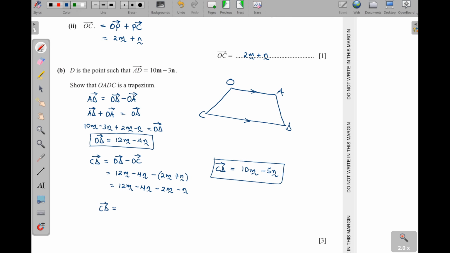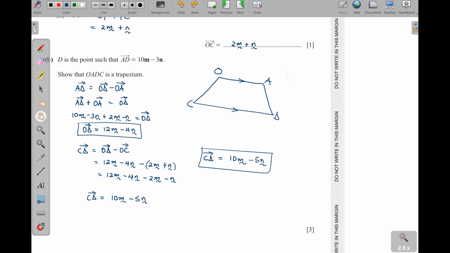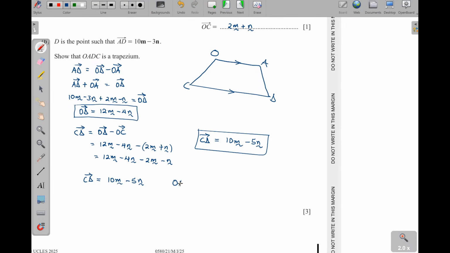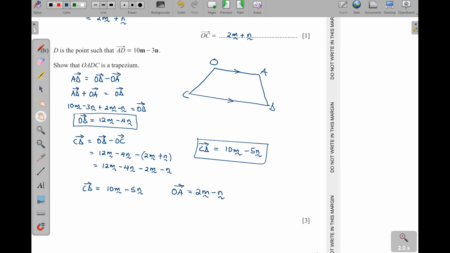Now, I want you to look at CD, which is 10m minus 5n, and remember CD is here, then there is OA. So let's look at OA. OA is 2m minus n. Now, when you look at this one here, you can actually see that CD is actually 5 of OA.